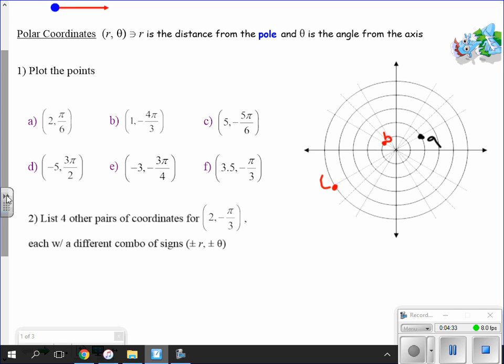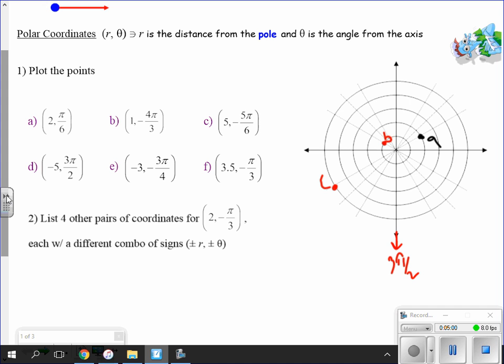Okay, D. D is a tricky one. If I have a negative distance, it's a little bit different, same idea though. I actually like to start with the angle, particularly if I have a negative one. So I go to 3 pi over 2. That would be in this direction, this one down here, right? That's where 3 pi over 2 is. But what am I going? I'm going negative 5.